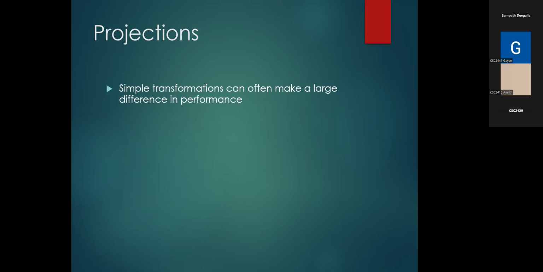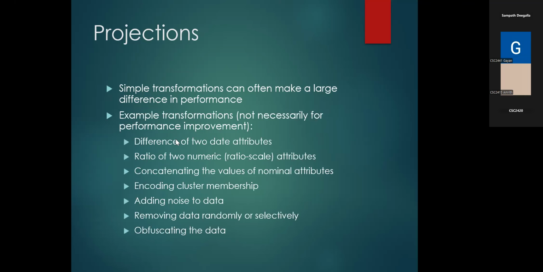With simple transformations, you can make some changes. We actually transform features sometimes in, for example, initial processing. If you have two dates, we can take the difference. So it's a simple transformation. You can take ratios of numeric attributes, or you can combine two attributes together.